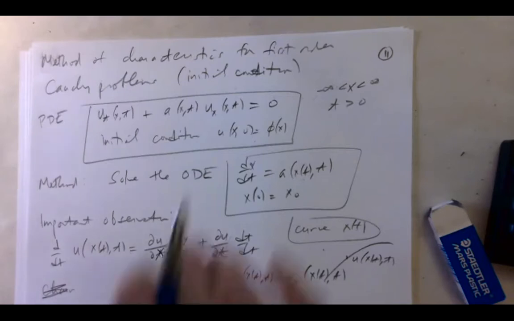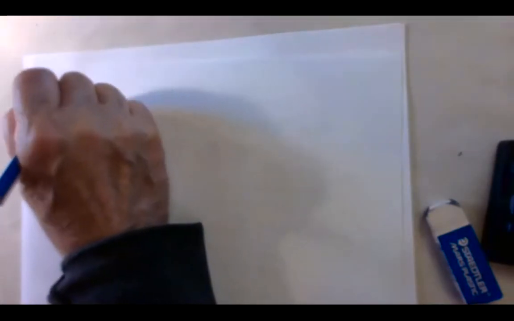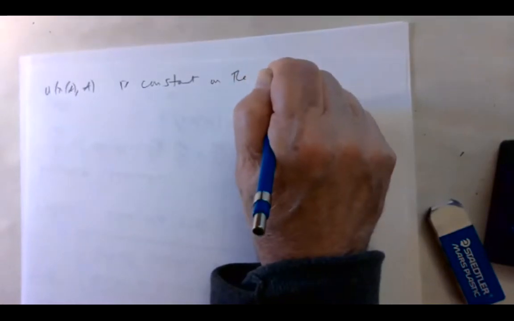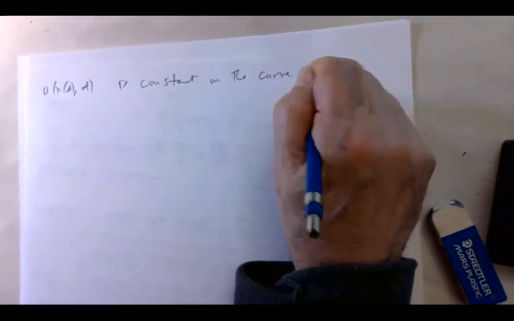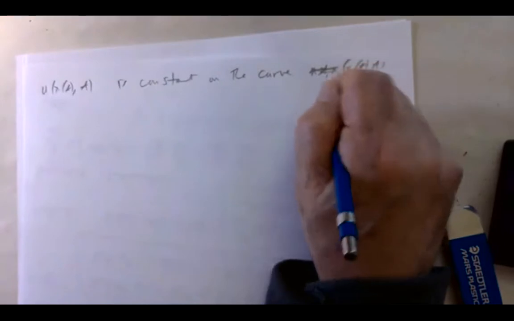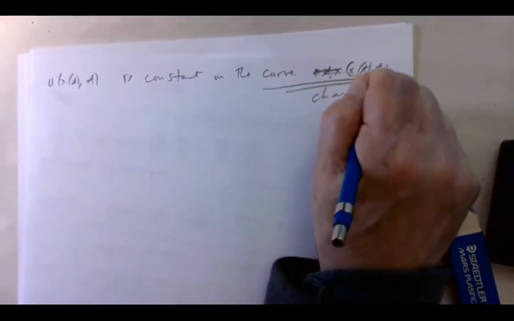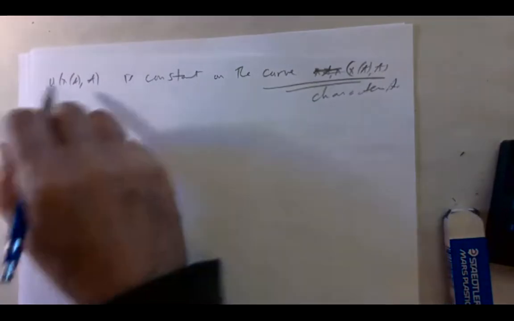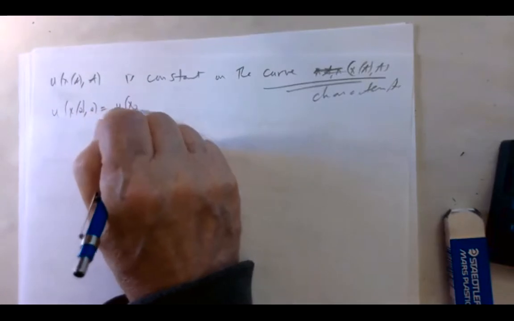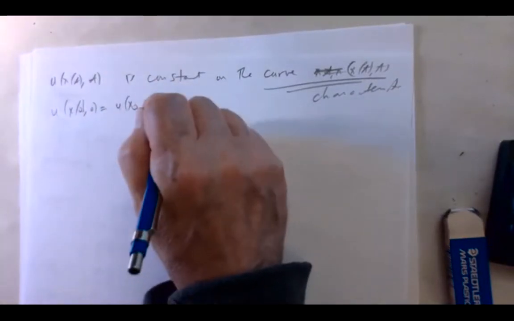Okay. Equals 0. So u of x of t comma t is constant, because the derivative is 0, on the curve x of t comma t. This curve is what is called a characteristic. And u of x of 0 comma 0, which is u of x naught comma 0, is just the initial condition.